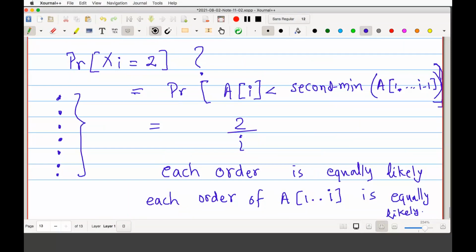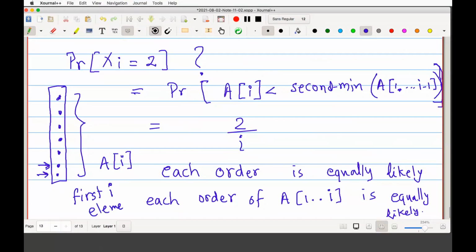So the point is, what do I want? I want AI to be either at this position or at this position. Suppose these are my first I elements, and what is my favorable condition? The favorable condition is AI is less than the second minimum of A1 to AI minus 1.